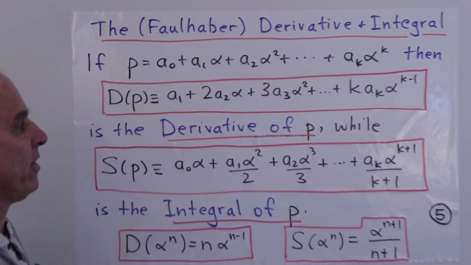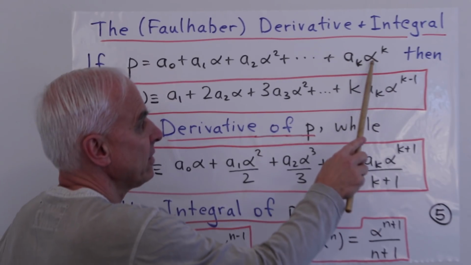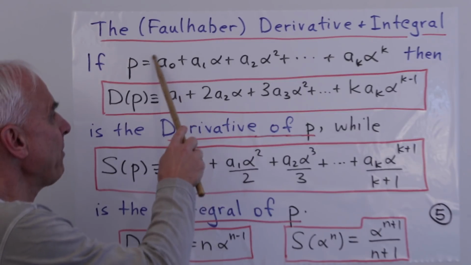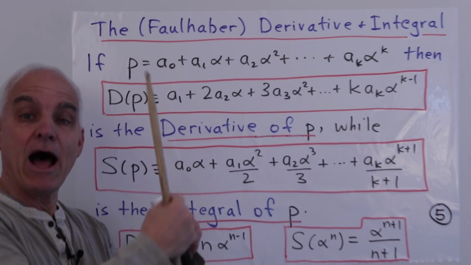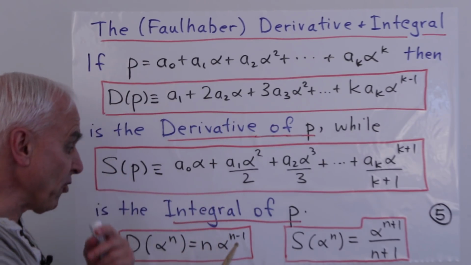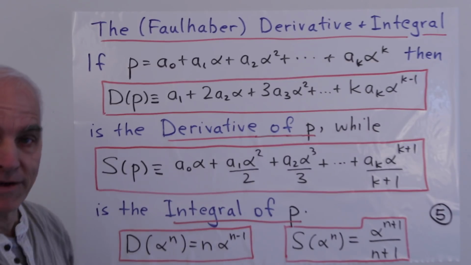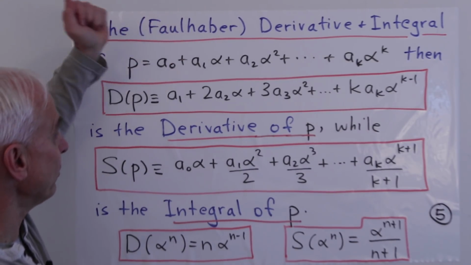Just that one there. The derivative here is k times a sub k times alpha to the k minus 1. The same rule. So notably, what happens to this term here? Well, this a0 is really a0 times alpha to the 0. So if you apply the same rule, that 0 coming down will mean that we multiply everything by 0, so we get 0. That's why this term sort of drops off and we don't get it.